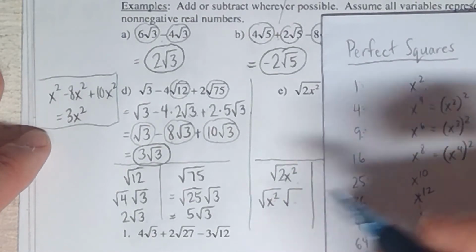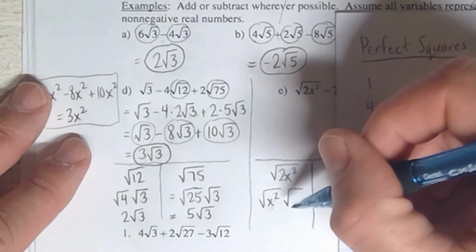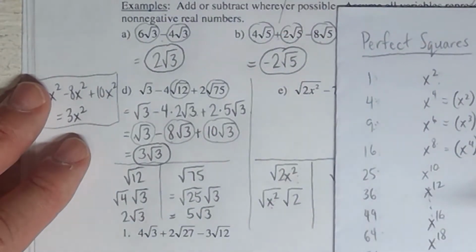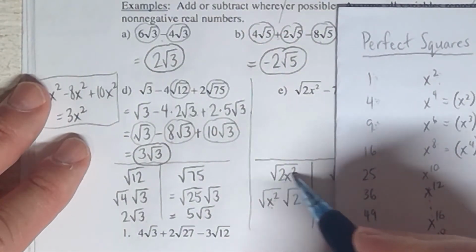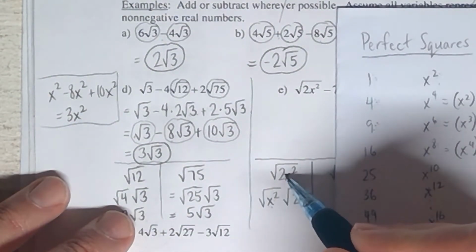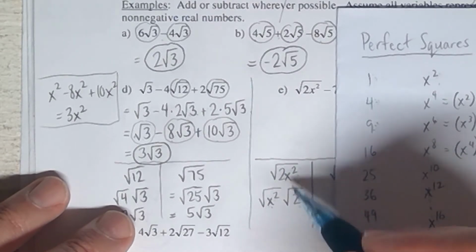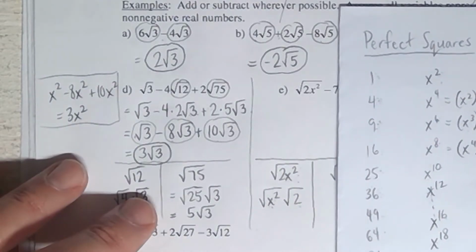But x squared times what is equal to 2x squared? Remember, it's still got to be equal to this when you multiply. Wouldn't it just be 2? x squared times 2 is 2x squared. So that's where the 2 ended up. Since we couldn't factor anything out of 2, the whole thing just goes over here because it still has to equal 2x squared when you multiply it.